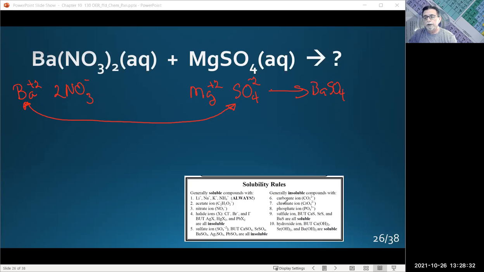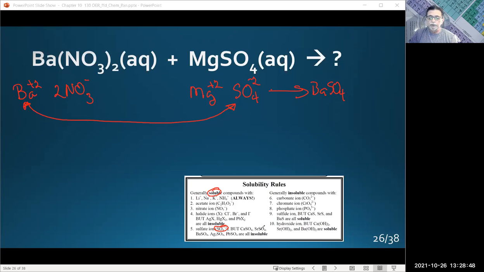So I have BaSO4. Now, since I have the solubility table here, I can look up to determine whether it is soluble. Normally, sulfates are soluble because they're in the soluble column.